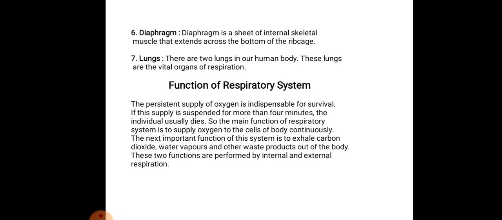The lungs are divided into lobes by fissures. The left lung has two lobes, and the right lung has three lobes. Each lobe divides and subdivides, its walls become thinner and thinner, and finally it ends in the air sacs of the lungs.